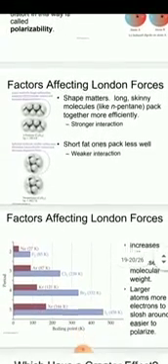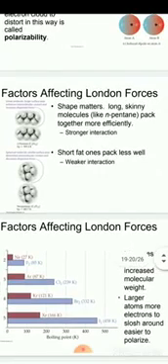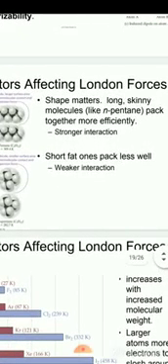If a long chain hydrocarbon is there, the intermolecular forces will be stronger, that means London force will be stronger. For example, for isomers of alkanes, a straight chain alkane must have stronger London force.